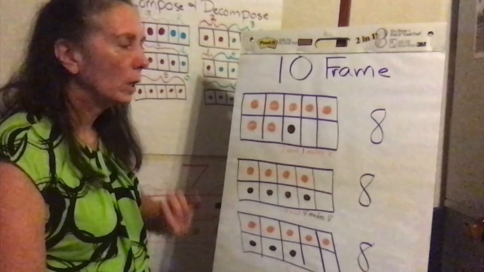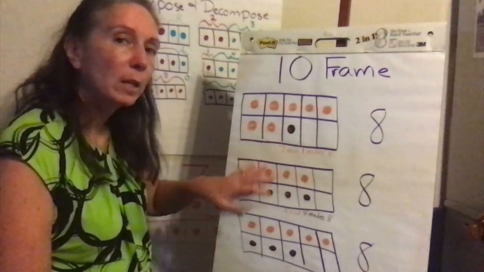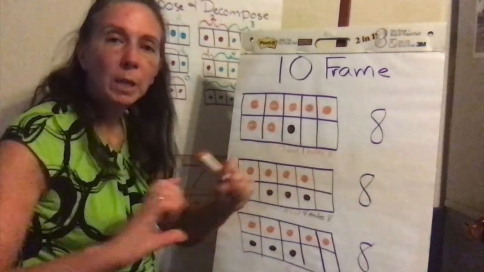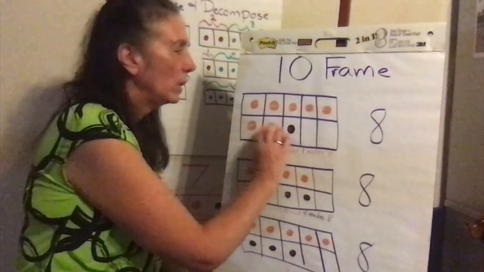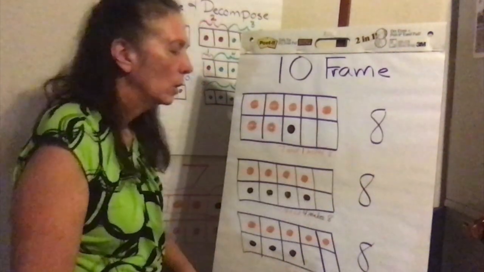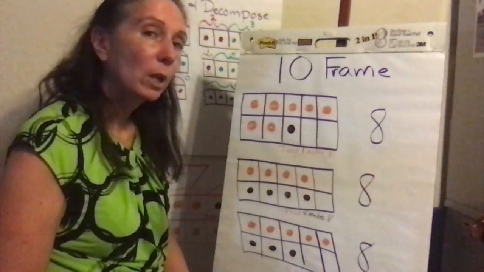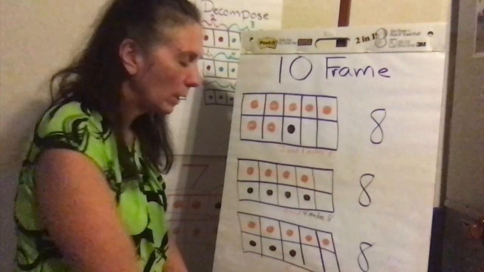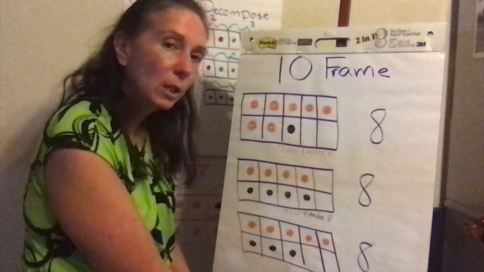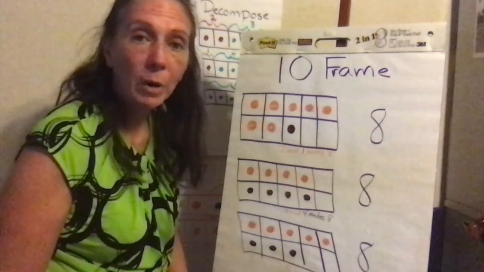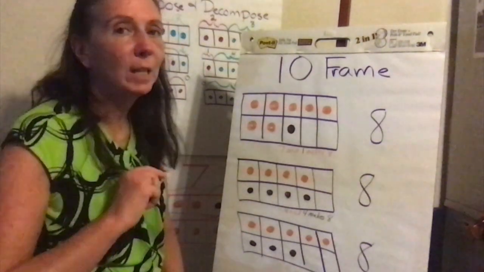So you'll be working on this, making the number 8. It'll just be in a straight line, so just think about moving this over here. So that's what you'll be working on for the number 8. Hopefully, this is getting easier and easier the more you practice. Have fun composing and decomposing.